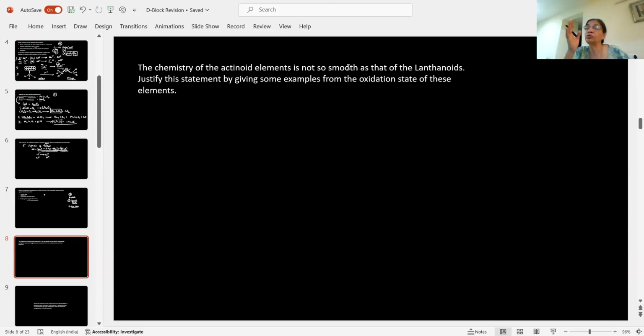Up to 92, that is up to uranium, they are naturally existing. Otherwise, they are all radioactive elements, whose chemical properties are not well studied, and they have unstable nuclei. All the actinoids after 92 up to 118 have unstable nuclei, and because of that, their properties are not well studied.